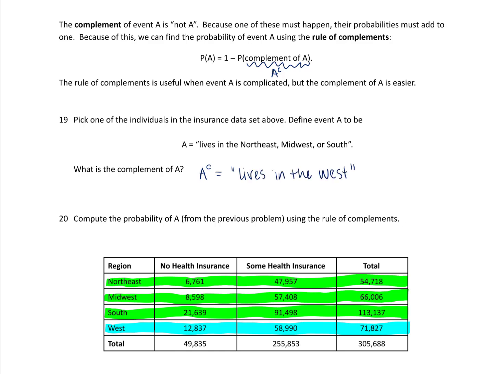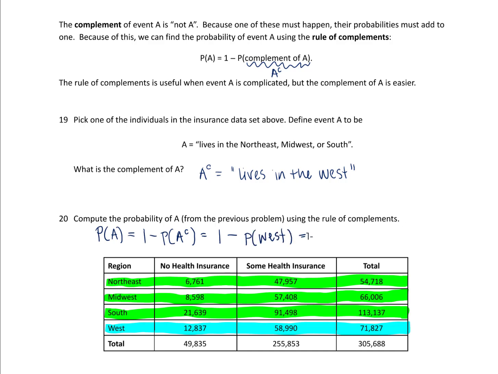Now we could compute the probability of A. That would be the probability of living in the Northeast, or the Midwest, or the South. But that would require adding 3 probabilities together. So this would be a good time to use the complement rule. Using the complement rule, we do 1 minus the probability of West.